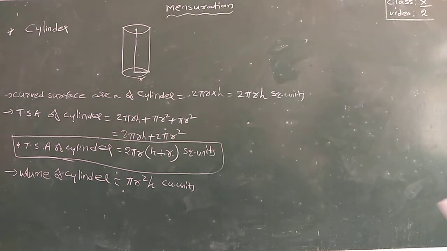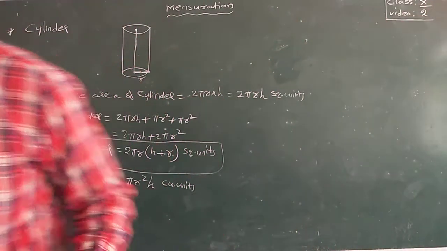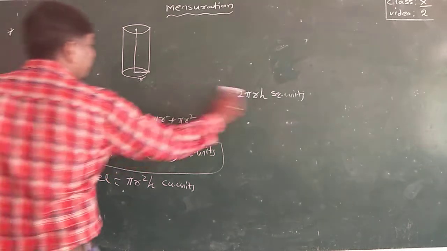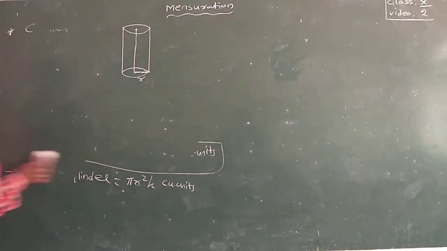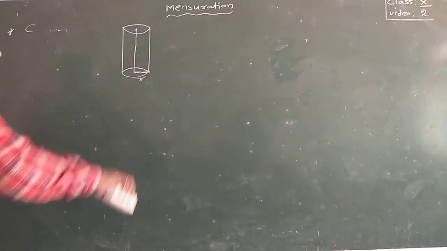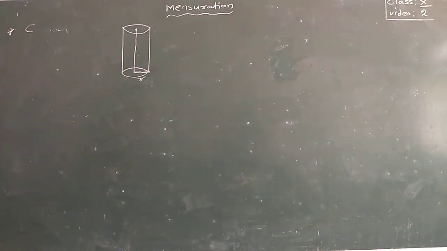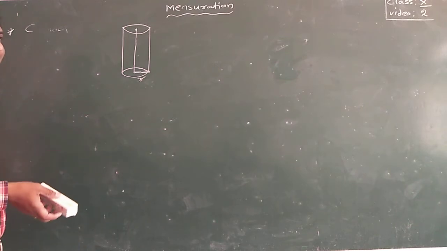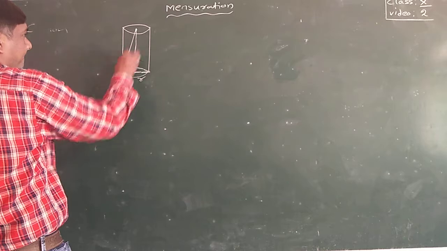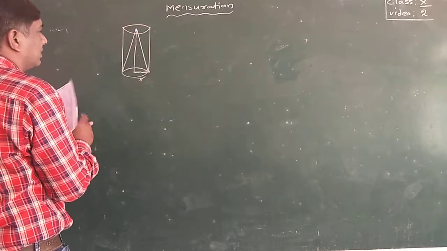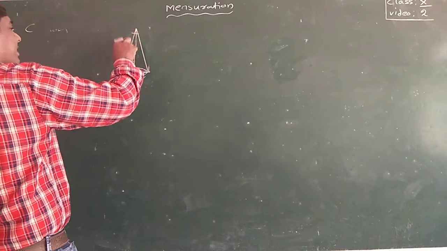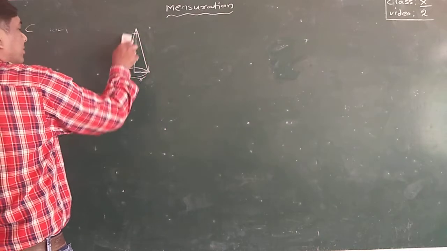Next one is a cone. If you take the same radius and same height as the cylinder, and take a cone, you will get it like this. This is a right circular cone.